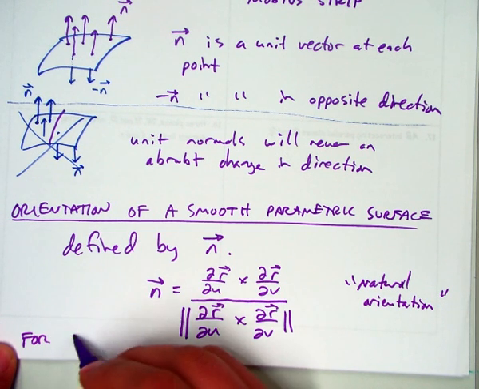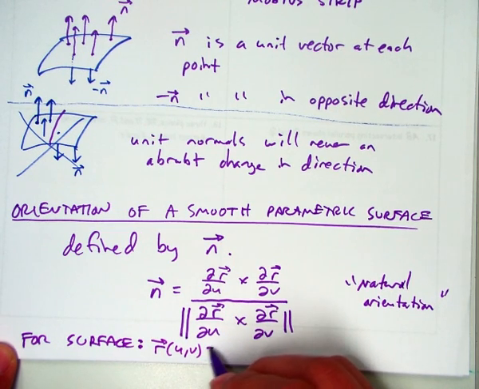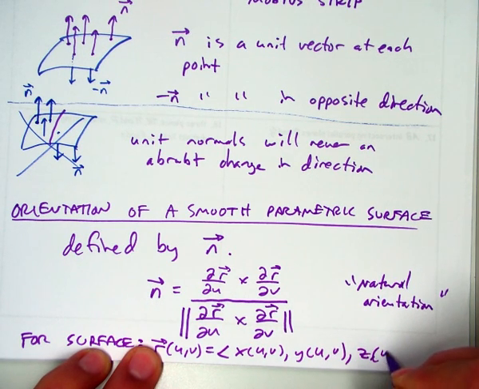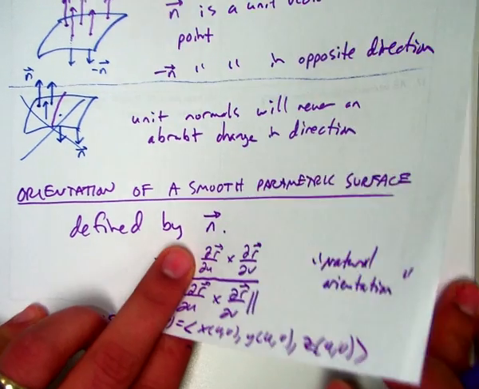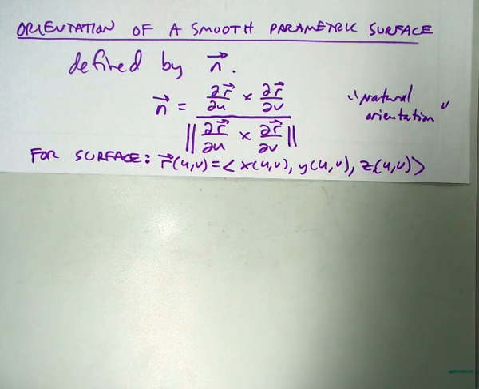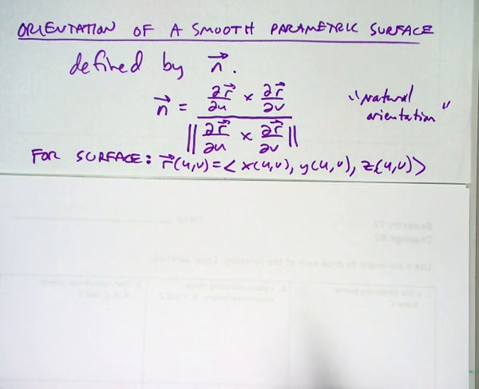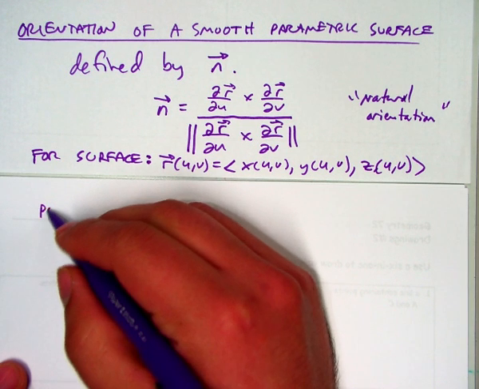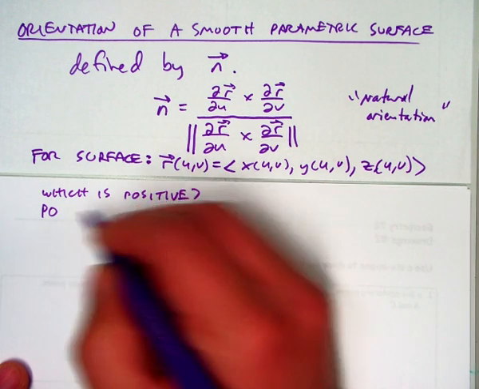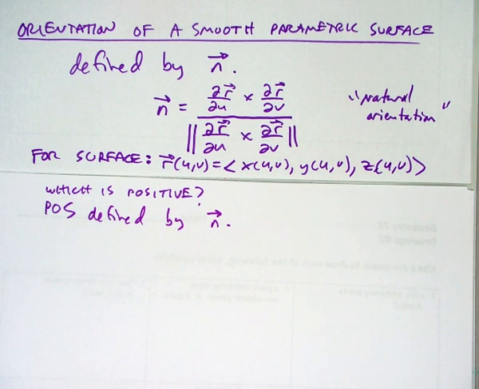And again, this is for a surface that's parameterized as r of u, v equal to x of u, v, y of u, v, z of u, v. Okay, in fact, this will be called the positive orientation as well. So if we want to know which way is positive, positive will just be defined by n. Whichever way that points, that's our positive orientation.